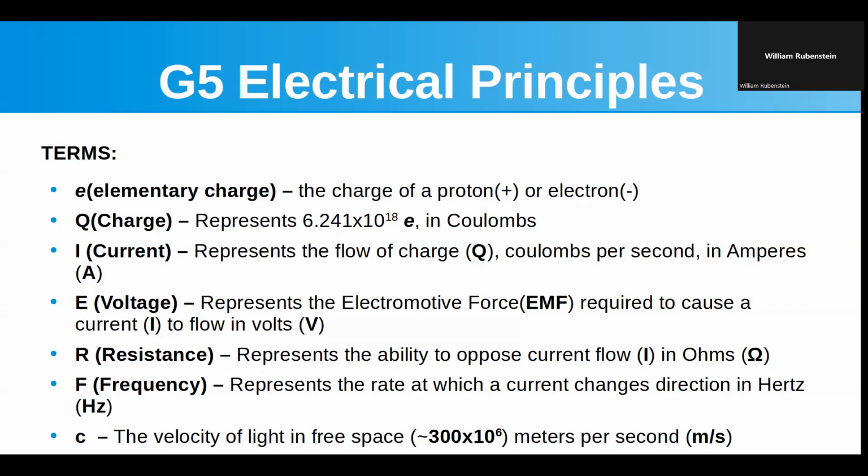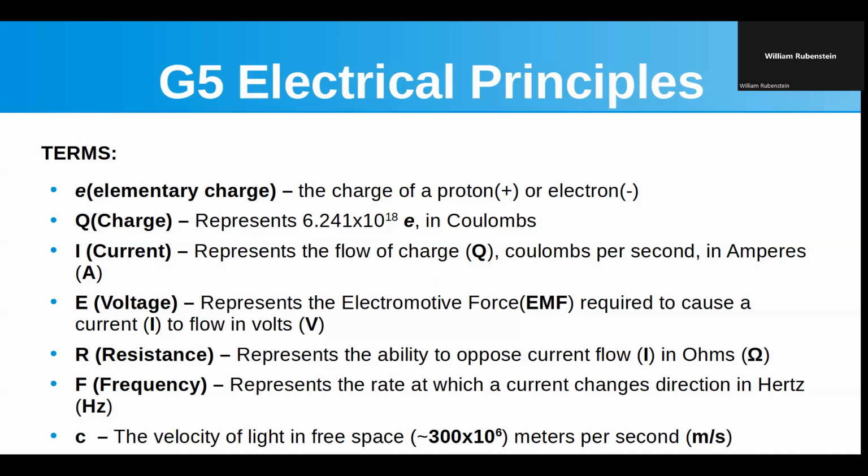The elementary charge is the charge of a proton or electron. We talk about free electrons, and how much energy it takes to make a positive ion or an electron, which would be a negative ion.